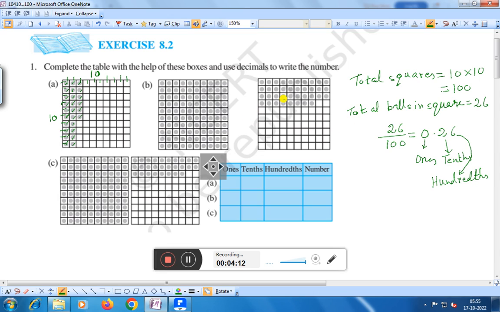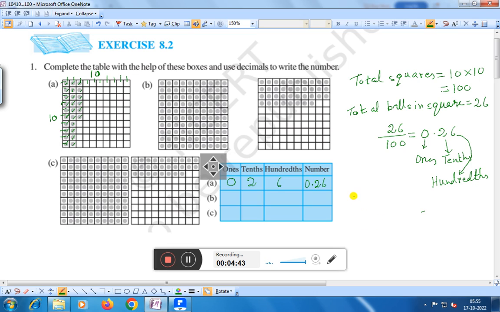Now if we put the number here, in ones place we write 0, in tenths place we write 2, and in hundredths place we write 6. Therefore, the number is 0.26. Right? Now we'll solve question number B.